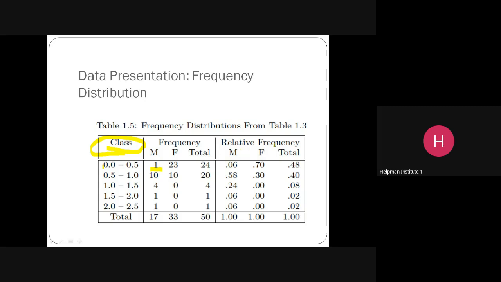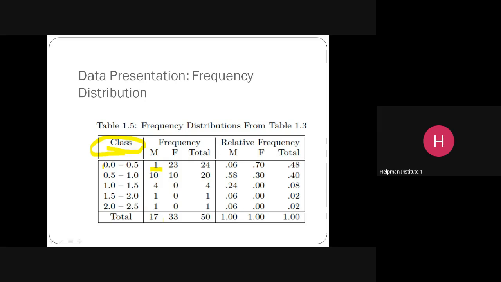Here we have the relative frequency for both male and female. We have 0.06 for male and 0.70 for female, and a total relative frequency of 0.48. So when we look at this class interval to this point, for male, we have a total of 17 males in this data.